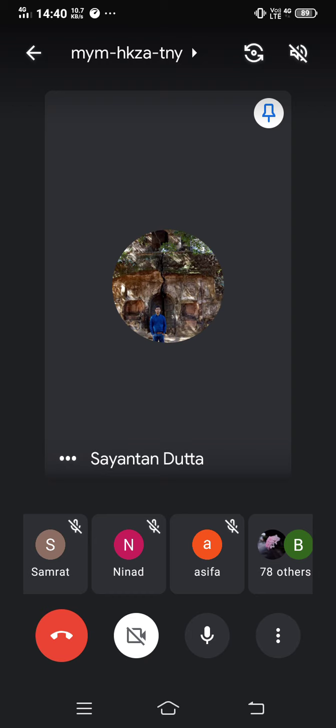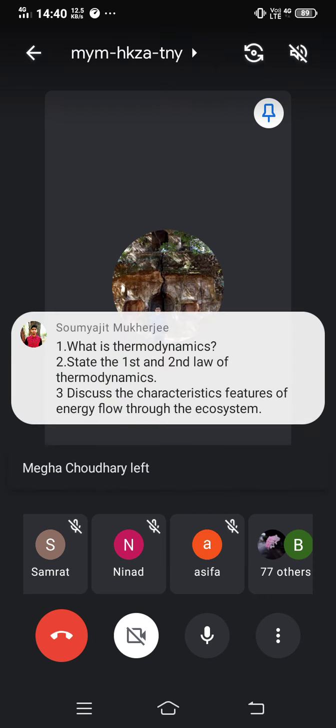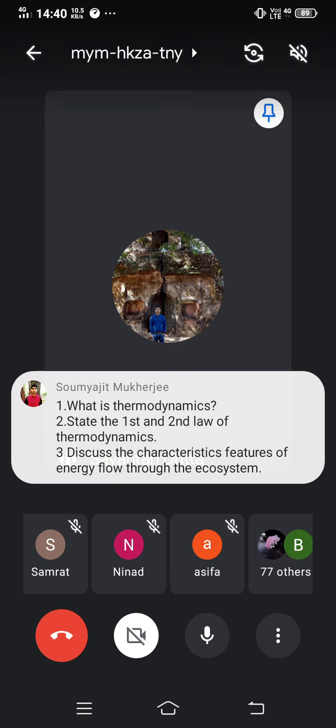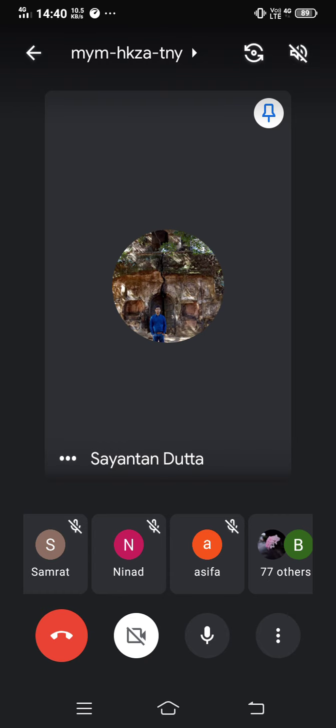Okay, so first let us understand the concept of biogeochemical cycles. Now, in an ecosystem, unlike energy flow which is unidirectional, the flow of nutrients takes place in the form of a cycle, that is from the environment into the bodies of the living organisms and back to the environment.